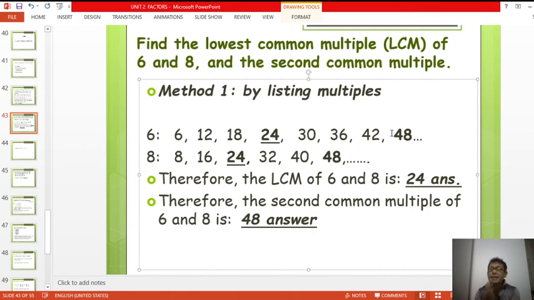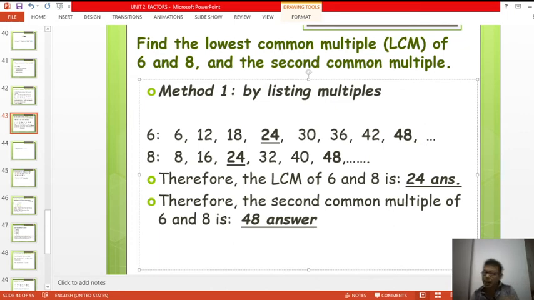Actually it's up to you, and it depends on the problem. Since there are two questions here, find the LCM and the second common multiple, normally I will list my multiples up to 8 multiples from the first number.